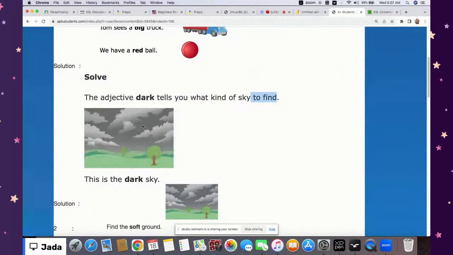You can tell me I can see the dark sky, because the sky is dark. So when you are asked what kind, under adjective, you can give a description of the color or anything that you can see. So for the sky, you can say, oh, I can see the dark sky, or there's green around it as well.